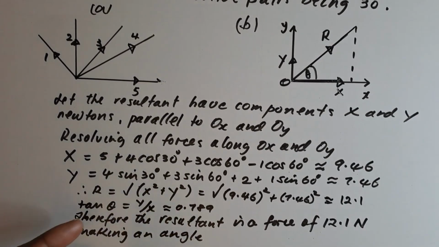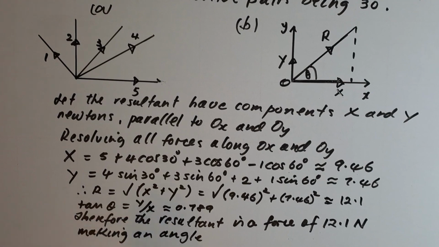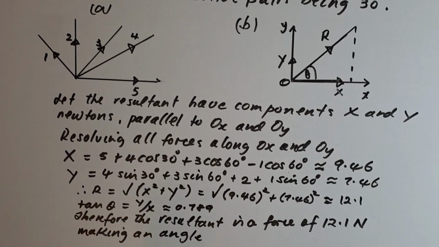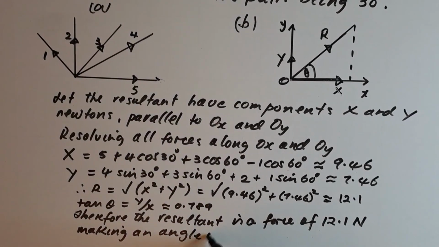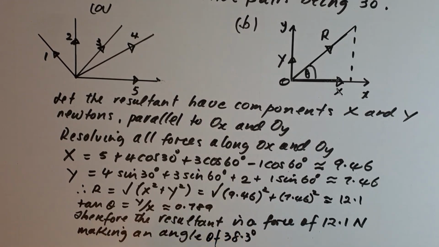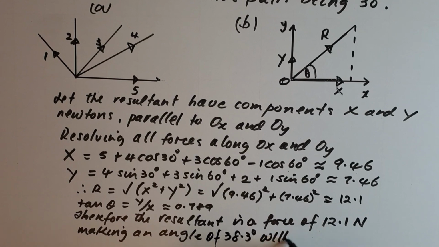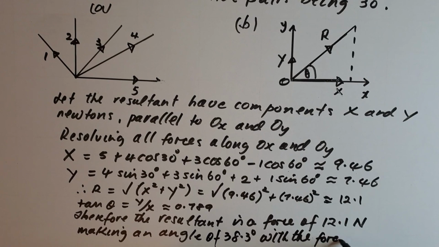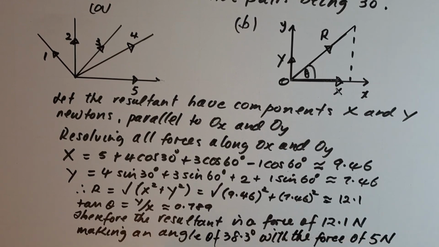So all we did is take the tan inverse of 0.789, which gives us 38.3 degrees, with the force of 5 newtons.